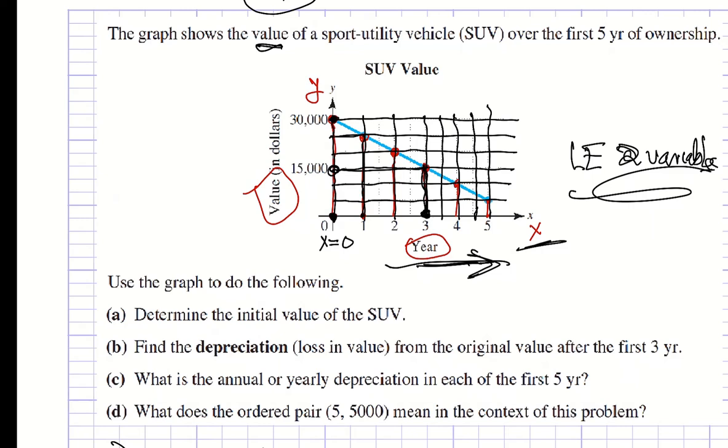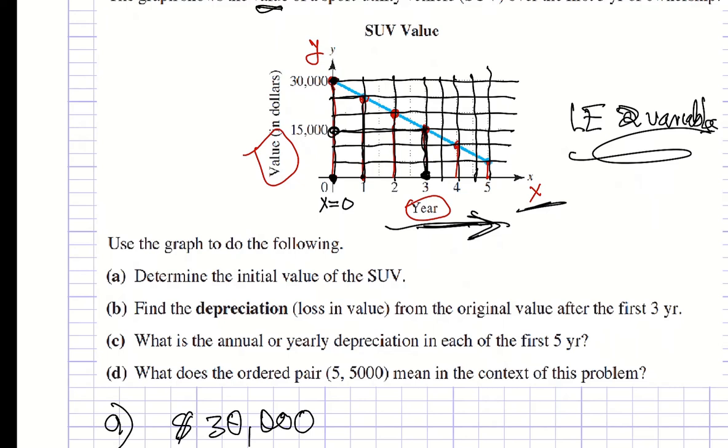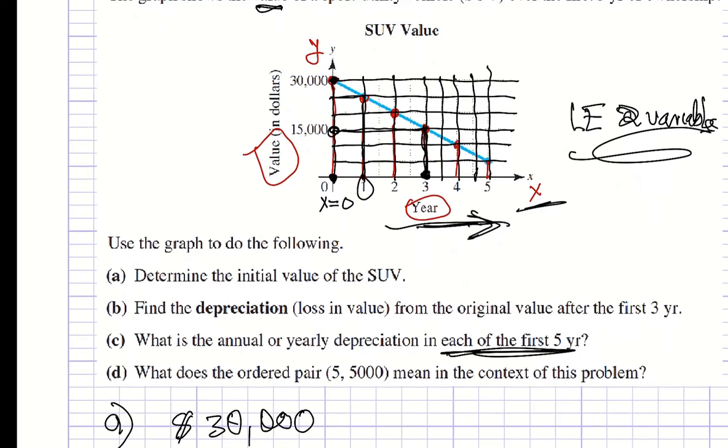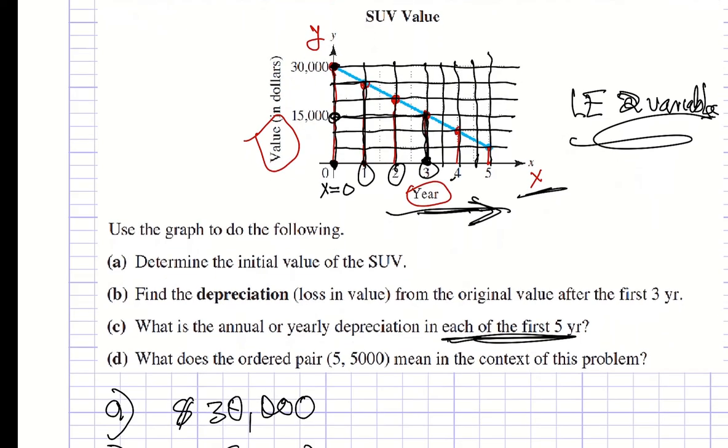Okay. Now check this out. It says, what is the annual yearly depreciation in each of the 5 years? You gotta pay attention. Each of the 5 years, they give you 1, 2, 3, 4, 5. And notice what is going on. Notice that the graph drops. It's a negative slope. It means something is dropping.